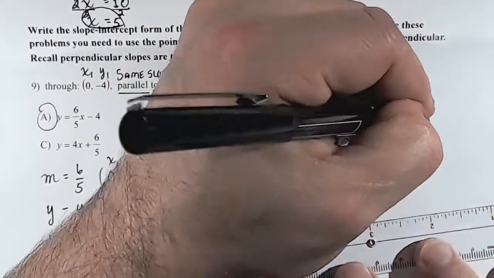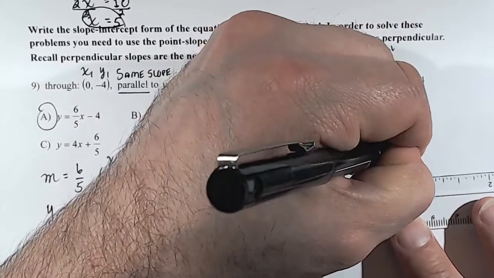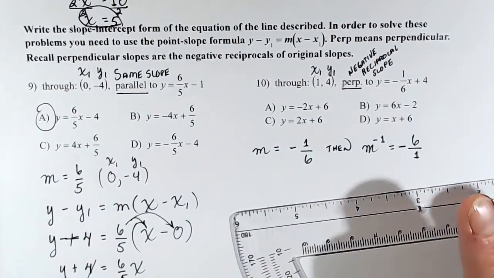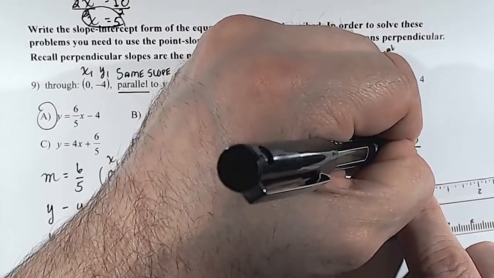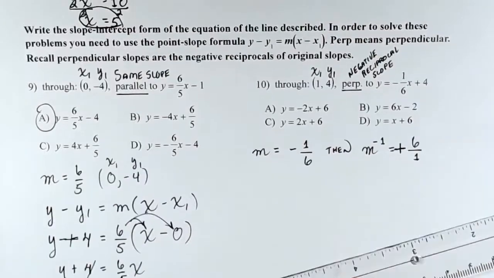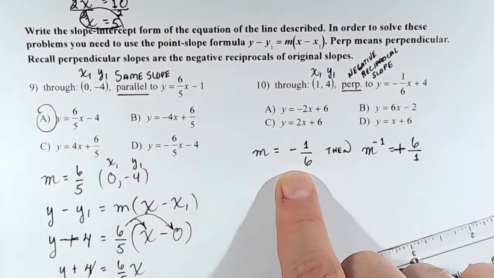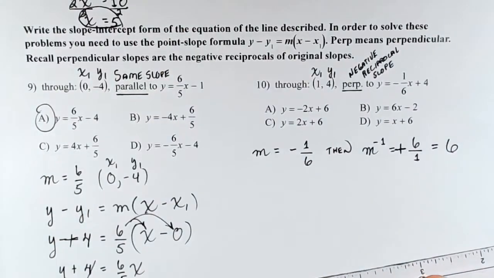So we'll write 6 over 1, that's the reciprocal, and bring this negative sign. That's just the reciprocal. And now we put a negative sign in front of that negative sign, which makes it a positive. So the negative reciprocal of negative 1 over 6 is 6.